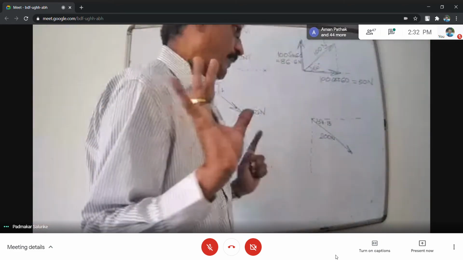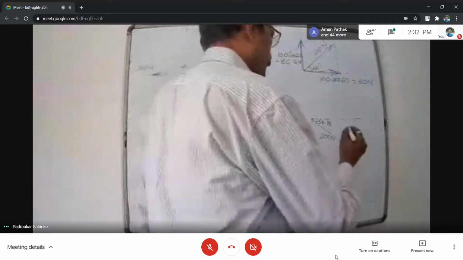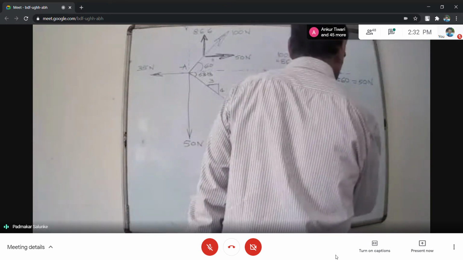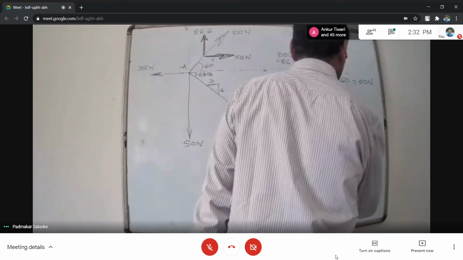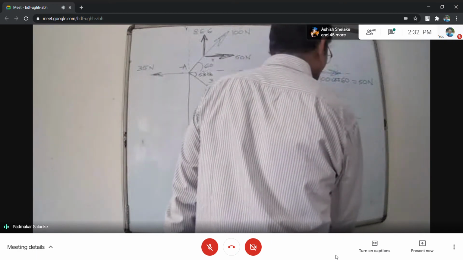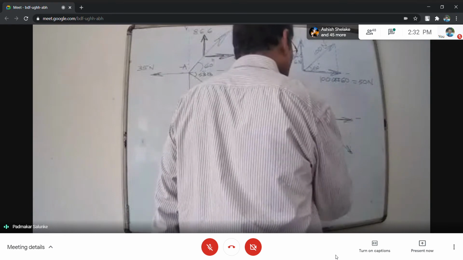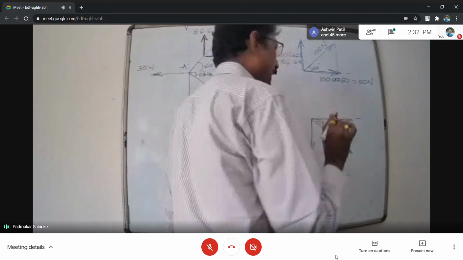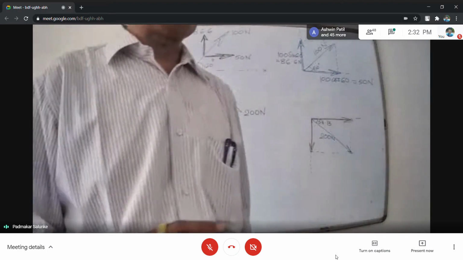Okay. This is 200. The projected length of the 200 Newton along the x-axis, this is the projected length. If I am drawing a side view of 200 Newton, this side view is coming, and I feel that the y component is going in the downward direction.